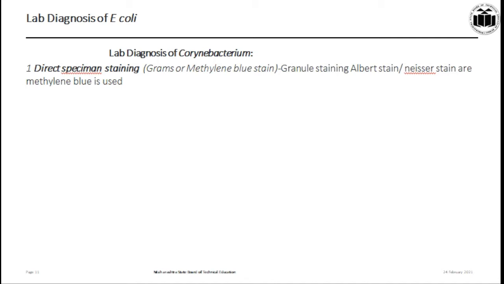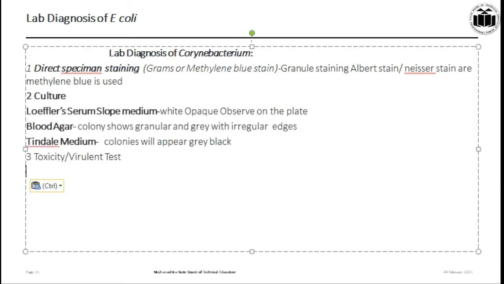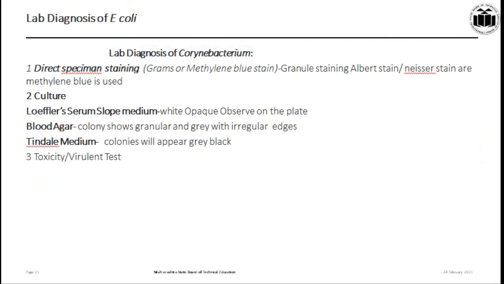For granule staining, we can use the Neisser stain, methylene blue, or the Albert stain method for the lab diagnosis of Corynebacteria. Next, culture methods used for the diagnosis of Corynebacteria.